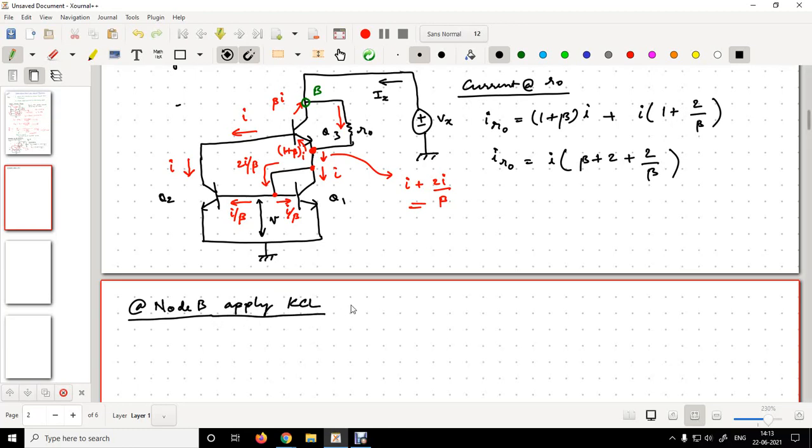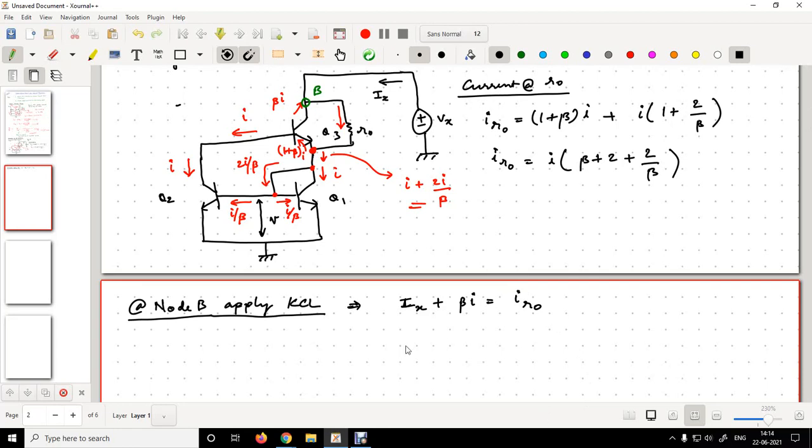So what will you get? Ix is the current entering the node, beta times I is the current also entering node B, and the exiting current is the current through R naught. So Ix plus beta times I is IR naught. That is why I have to find IR naught, to find Ix.